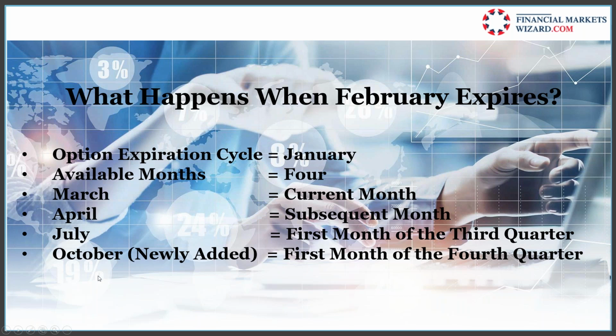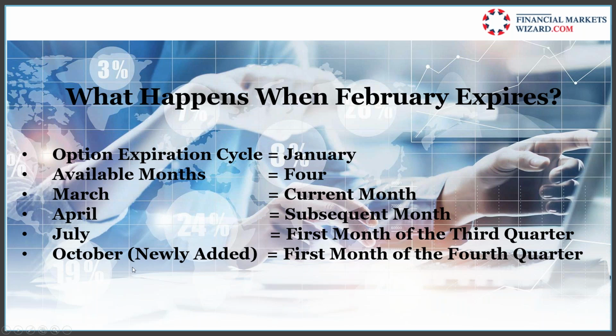So now you will see October also, because they must have 2 months from the option expiration cycle. So then you will see October listed in the option chain. March becomes the current month, April becomes the subsequent month, July is the first month, and then they add October.